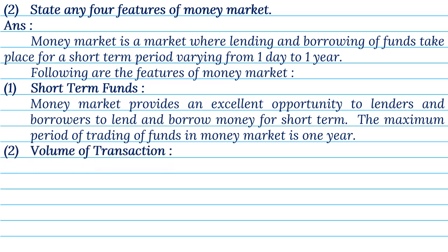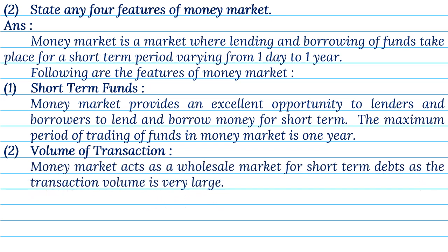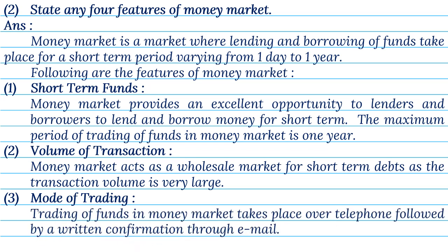2. Volume of transaction. Money market acts as a wholesale market for short-term debts, as the transaction volume is very large. 3. Mode of trading. Trading of funds in money market takes place over telephone, followed by a written confirmation through email. 4.